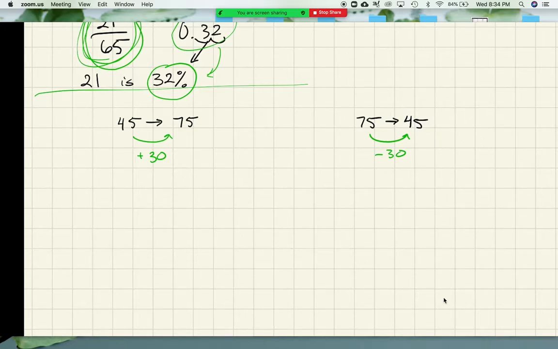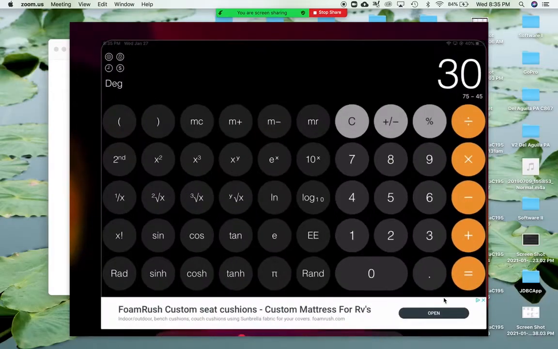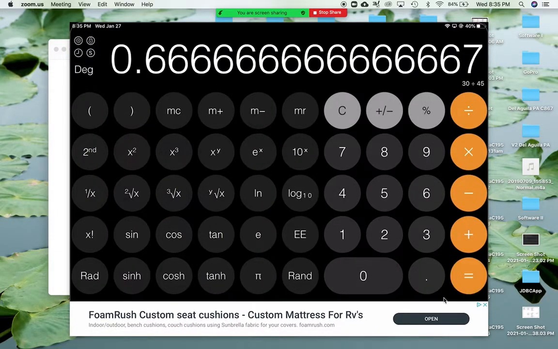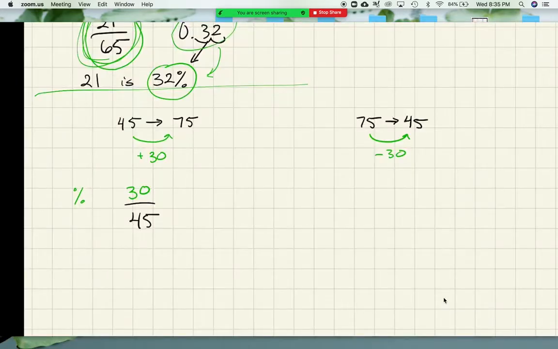Okay. If you wanted to figure out the percent increase, then you would have to look at 30 divided by the original 45. So 30 divided by 45 is 0.6 repeating forever.